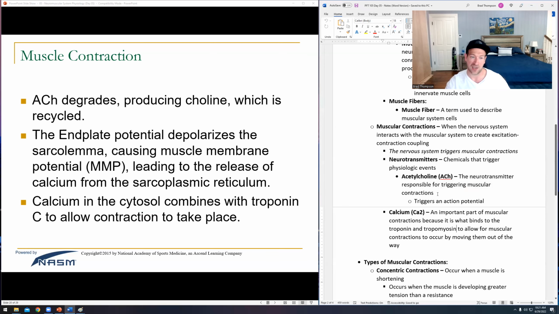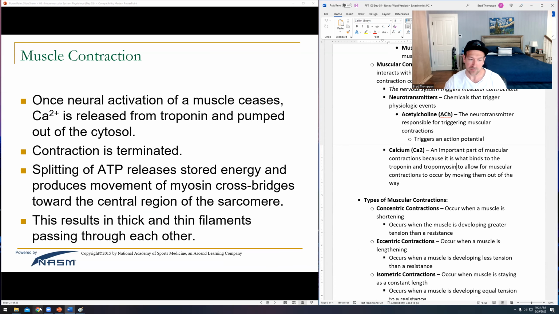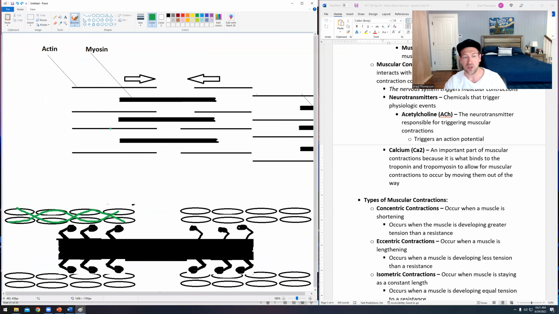Acetylcholine is the one that causes muscular contractions to take place. Once acetylcholine is attached to the muscle cell, it's going to flush calcium ions, Ca2+, into this area right here.